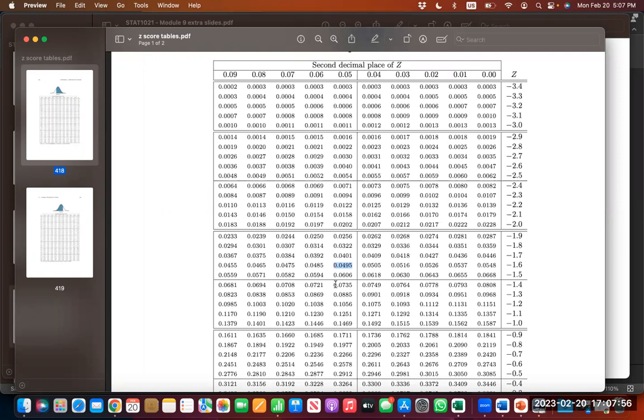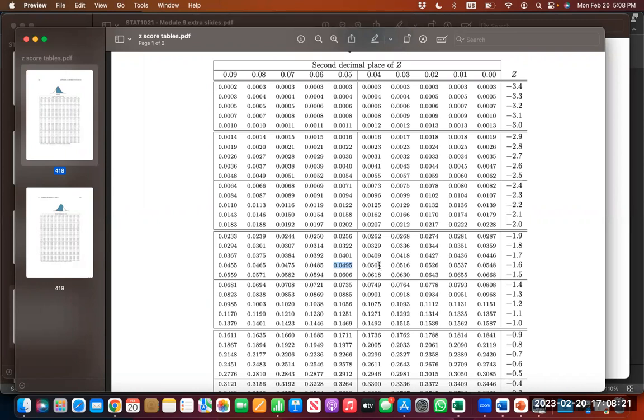So the application principle remains the same whether you use it for the distribution of the sample means or for the population and the quantification of proportions of the population. Any questions? Yes.